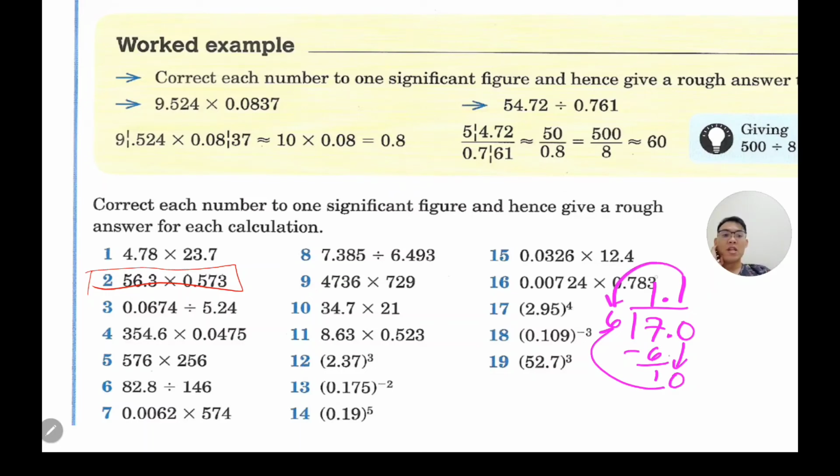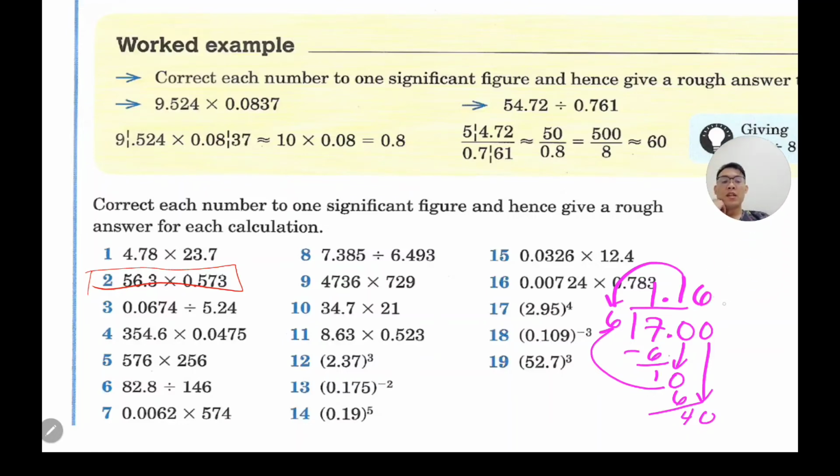So 1 times 6 is equal to 6. 10 minus 6 is equal to 4. Bring down another 0, which is 40. 40 divided by 6 is equal to 6. Then 6 times 6 is 36, and then minus, we have 40 and 6, 6, 6, 6.